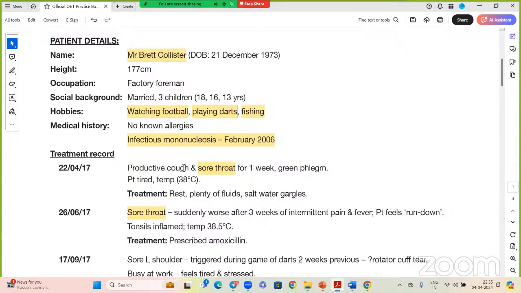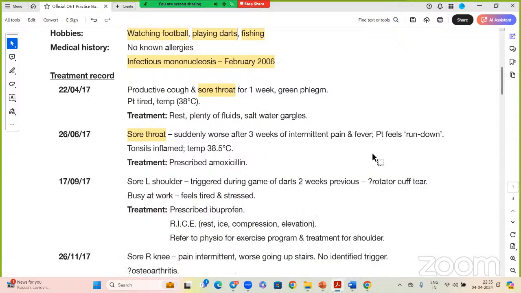Now here, because of these things: productive cough, one week flu, patient tired, temperature, plenty of fluids. So left shoulder, rotator, busy at work.